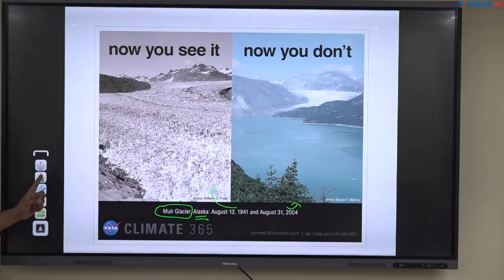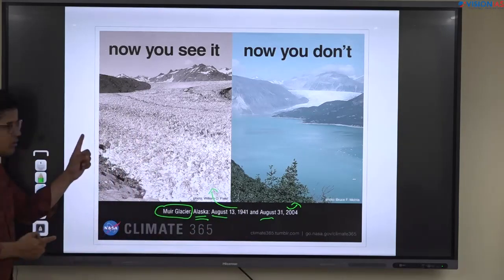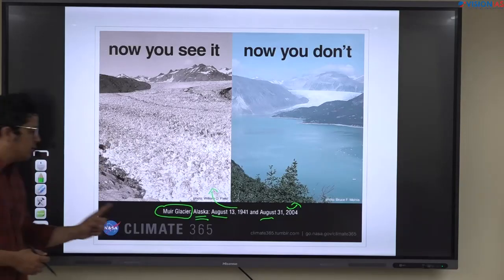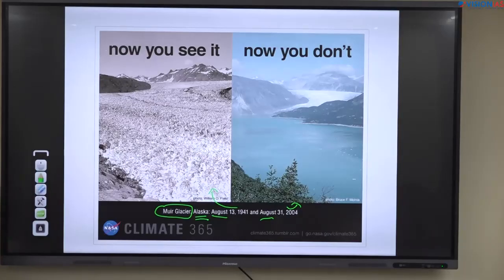Same area, same month. It may appear that this is winter and this is summer. No. Same month, August. Compare these two images. You can see within 60 years how much melting has happened. In the image, it appears this is a very small area. No, it is a very large area, which is completely gone, completely vanished.